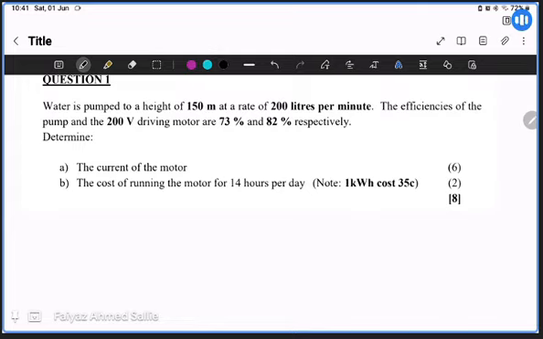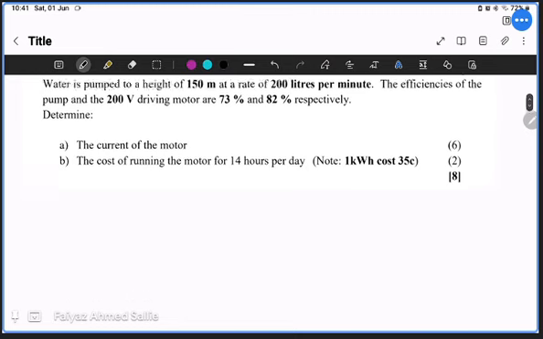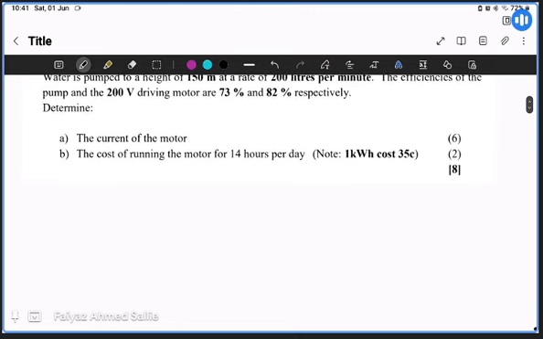The efficiency of the pump and the 200 volts driving motor are 73% and 82% respectively. So we are going to have to now determine the current of the motor.